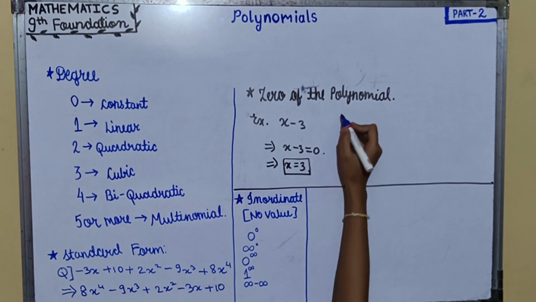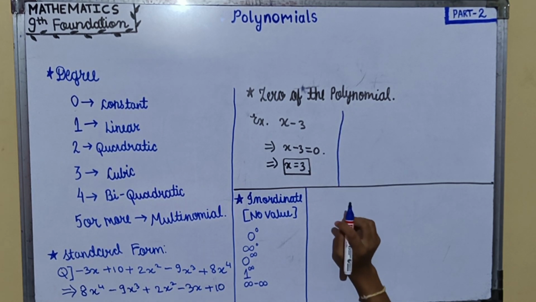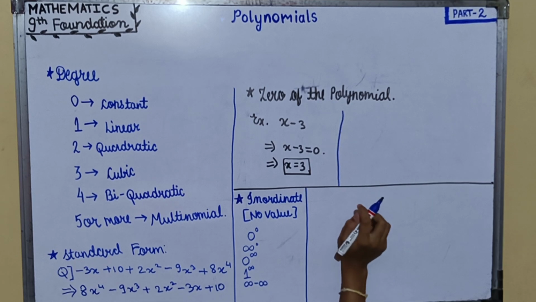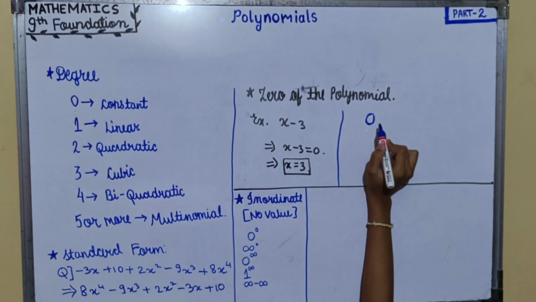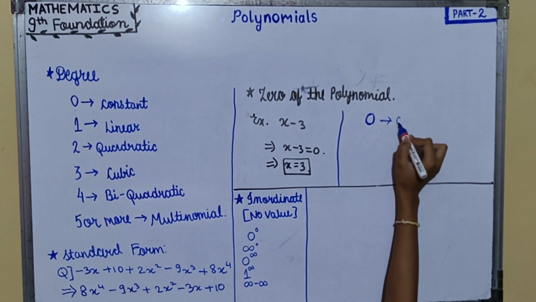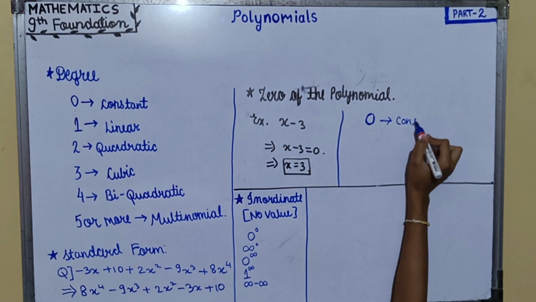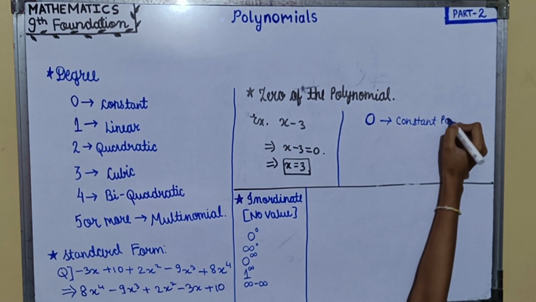Now in the 0th polynomial, like 0, first of all, this 0 is the constant polynomial.